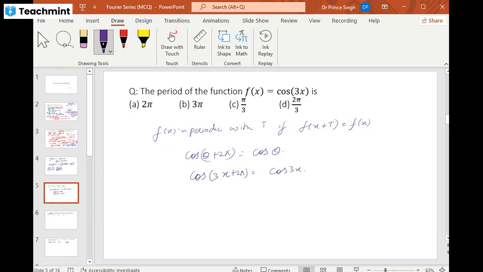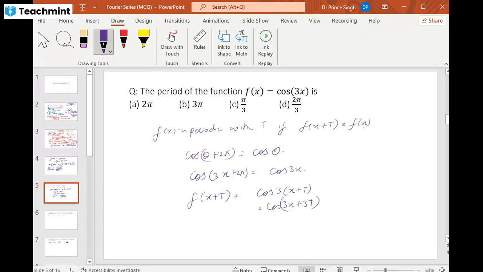Here our function is f of x equal to cos 3x, so when we give any input, its value is 3 times that input. So if I consider f of x plus t, this is equal to cos of 3 times x plus t, which means cos of 3x plus 3t, right?